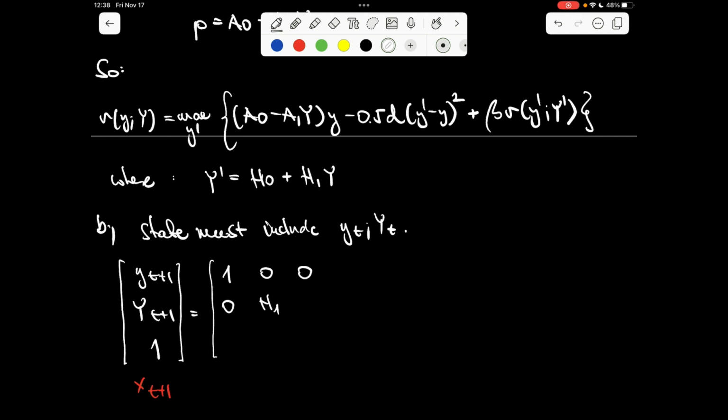This is going to be matrix A that contains the belief parameters.